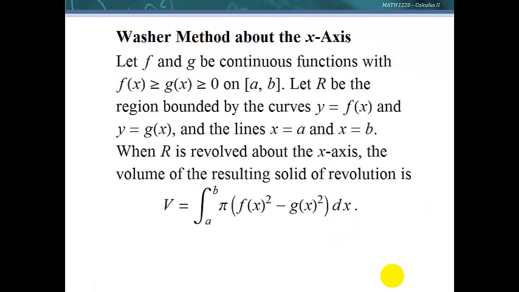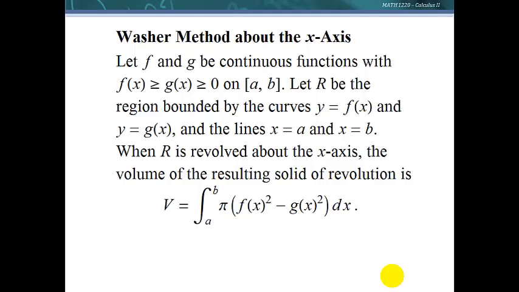So if we look at this and we add our little thickness and we sum them all up, then we have the washer method. So if we have f and g continuous functions and f of x is greater than or equal to g of x, so it's letting us know which one is on top here, and then greater than or equal to 0, and we're looking on an interval from a to b. R will be the region bounded by these curves and the lines x equal a and x equal b.